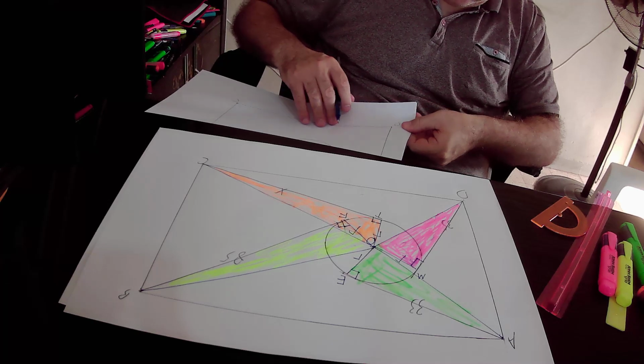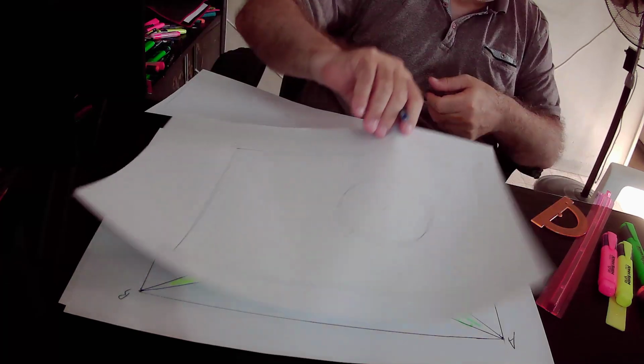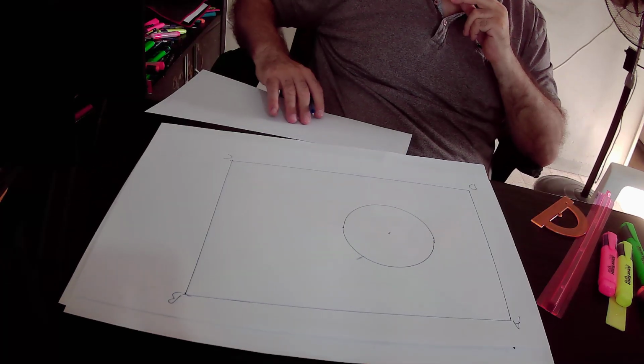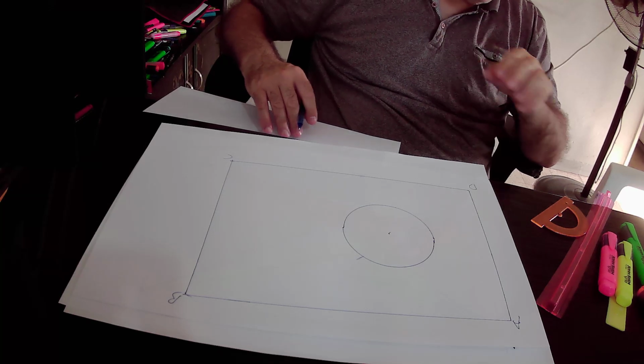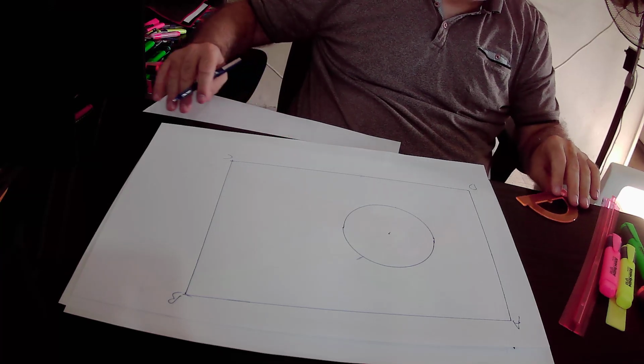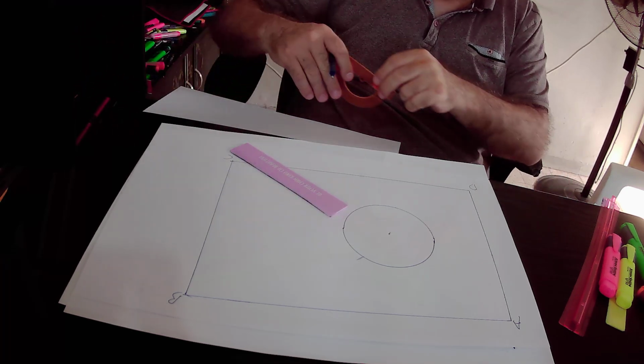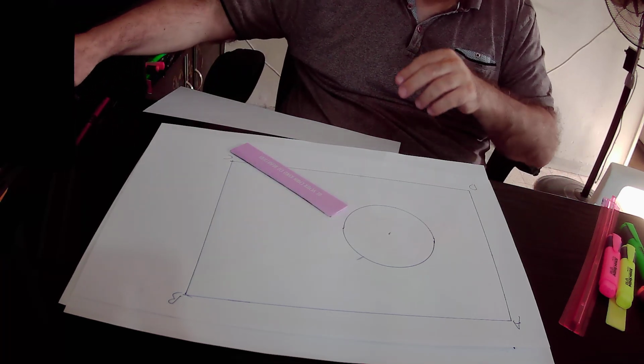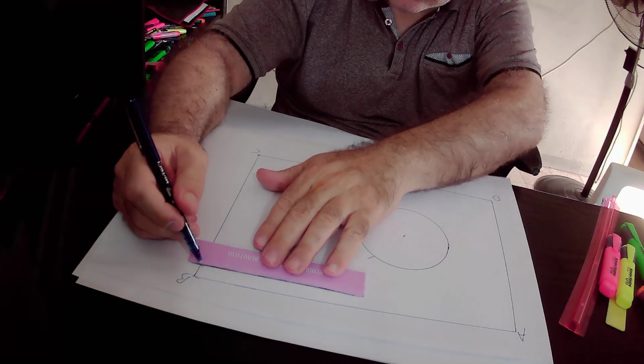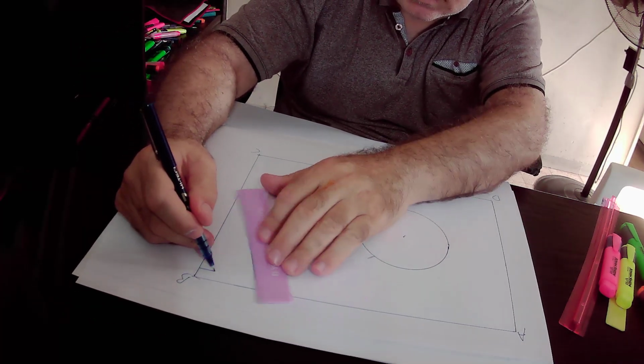So actually this is rectangle ABCD that I copied from the original drawing. We know that all the angles inside rectangle ABCD are right angles, so here those four angles, they are all right angles.